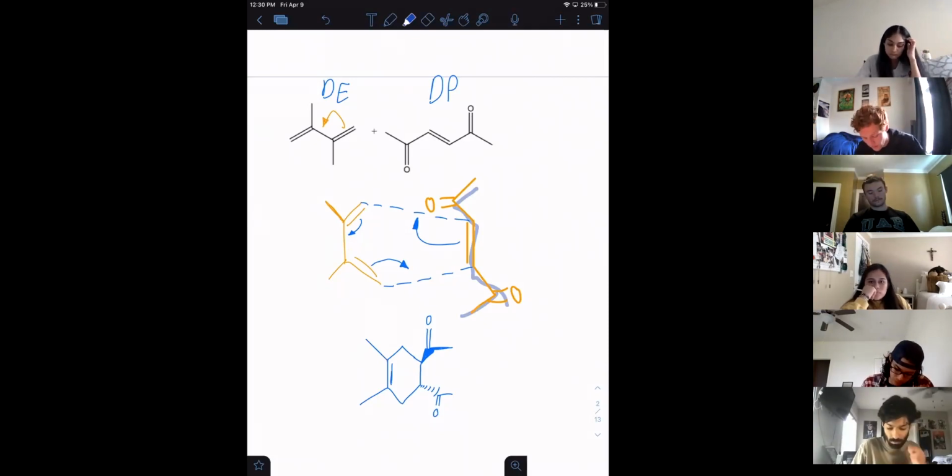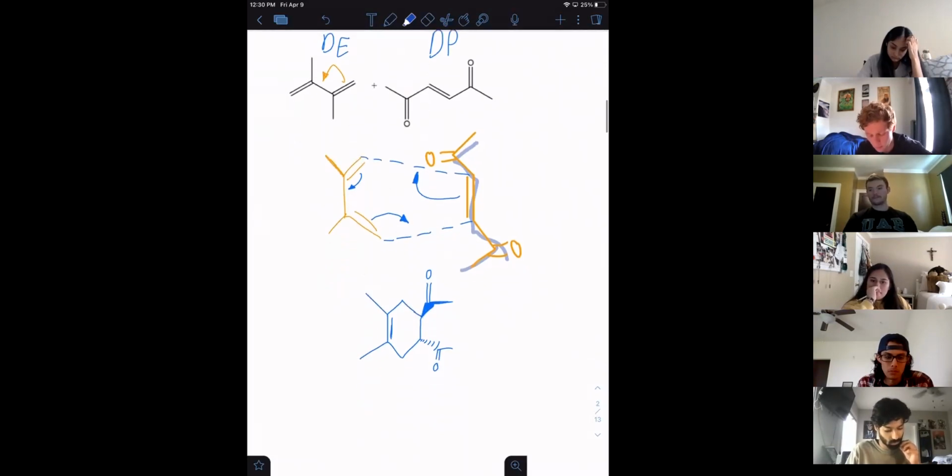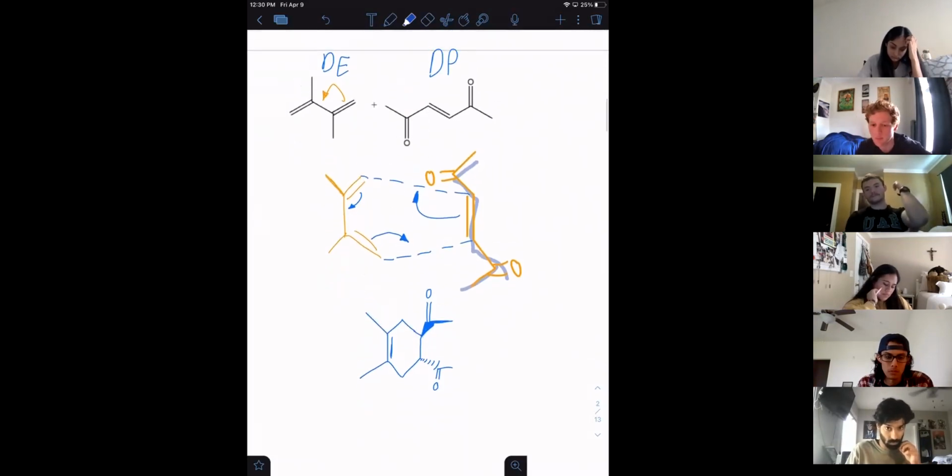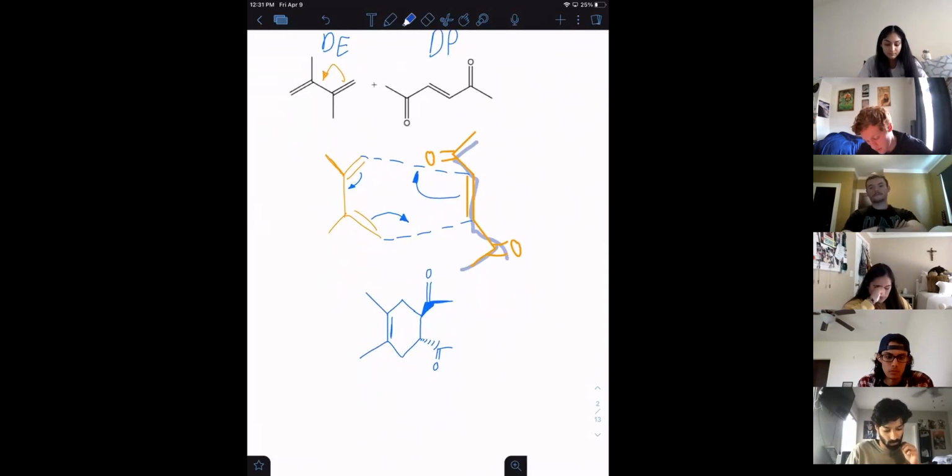And stuff over here, because this is still sp3, sp3 carbons can still have dashes and wedges. So make sure you're looking for those double bonds, because those double bonds will prevent stuff from being on dashes or wedges.